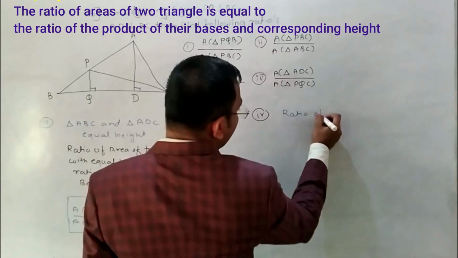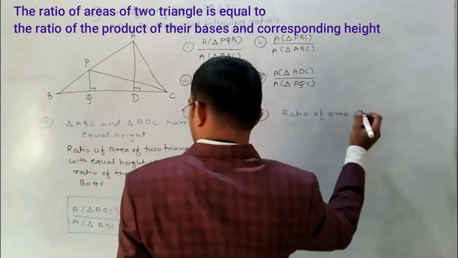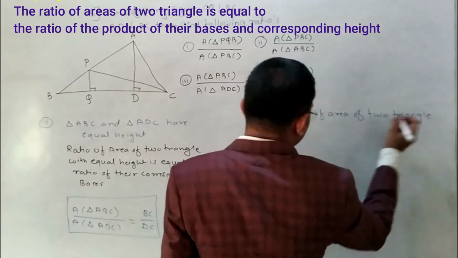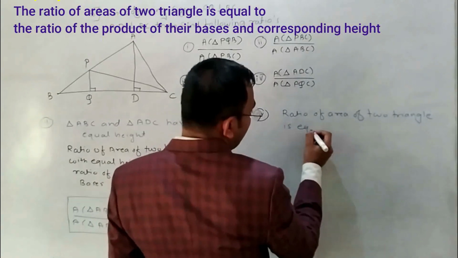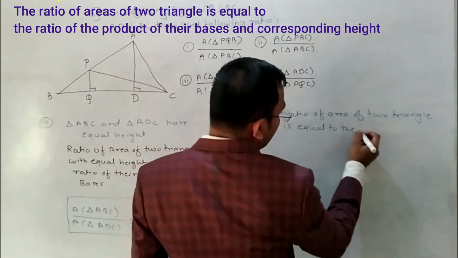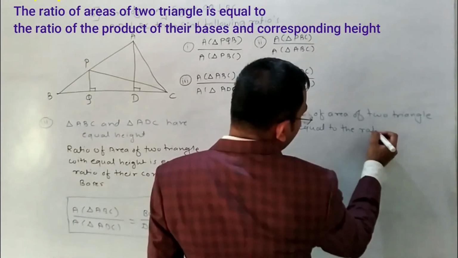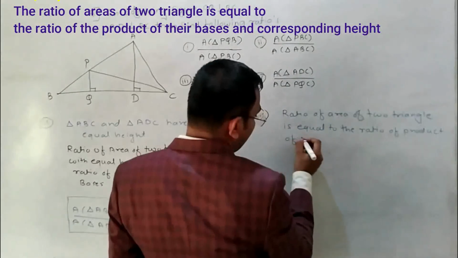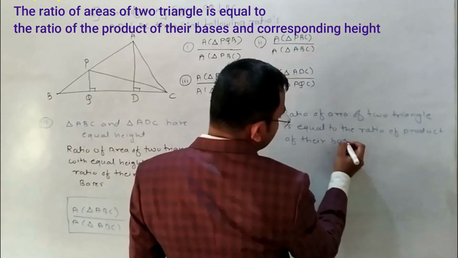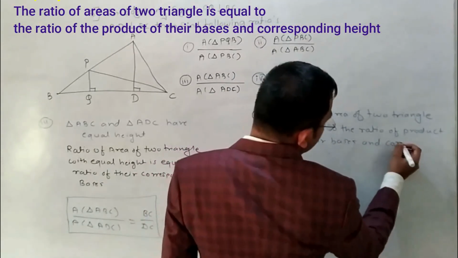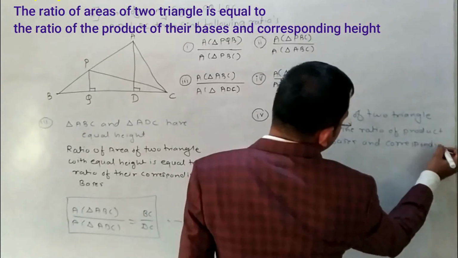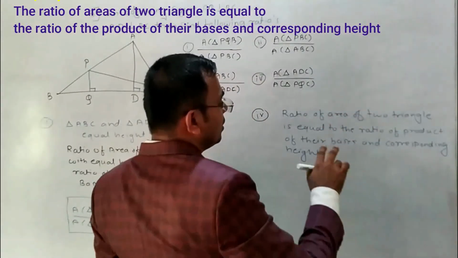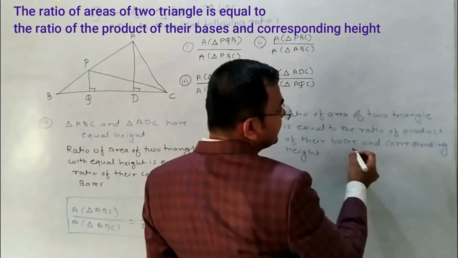Ratio of area of two triangles is equal to the ratio of product of their bases and corresponding height.